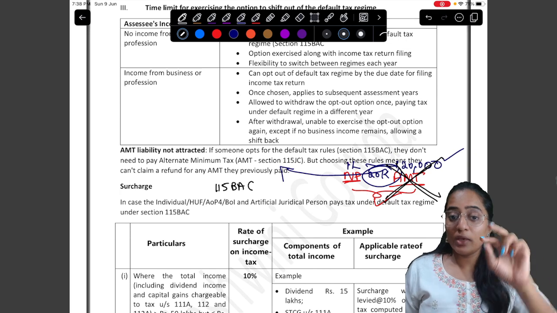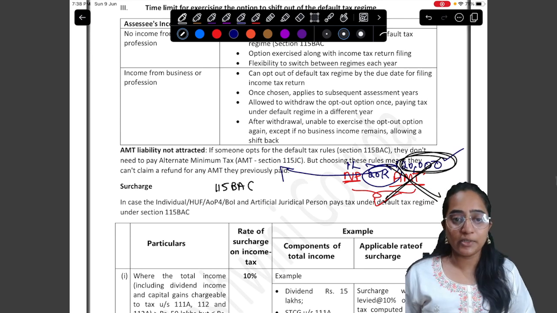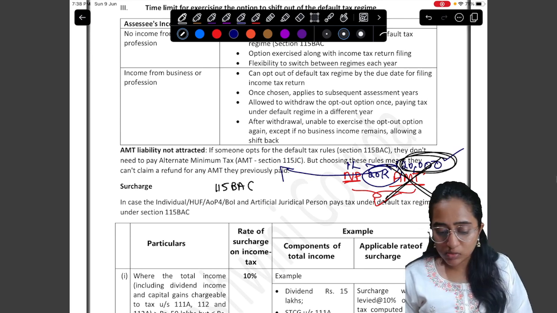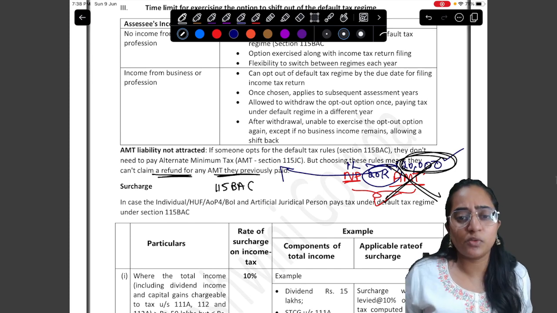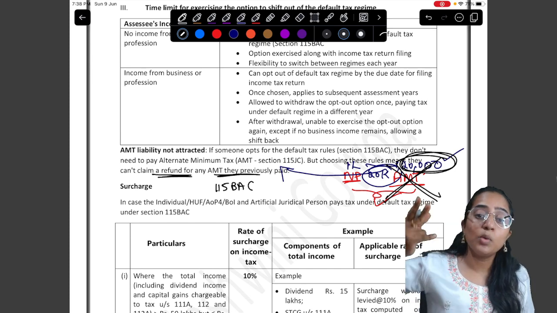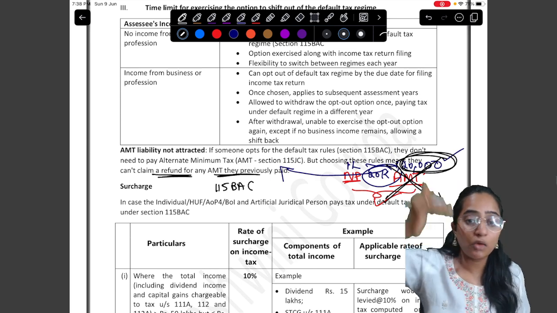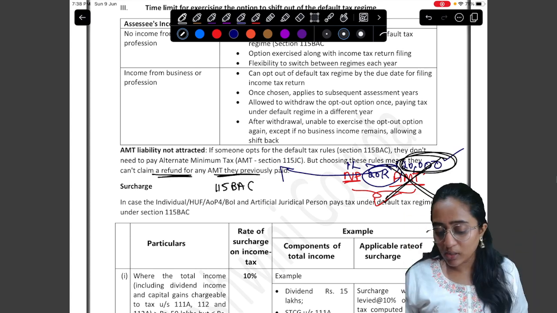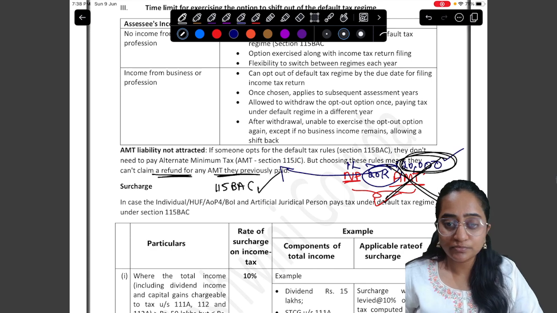And also, if in the previous year you have done this and you have 20,000 rupees credit, choosing these rules means you can't get the refund of any AMT previously paid. It is going to lapse. The 20,000 rupees you paid extra and got credit for, you can't utilize if you are paying under 115BAC. That is what it means.